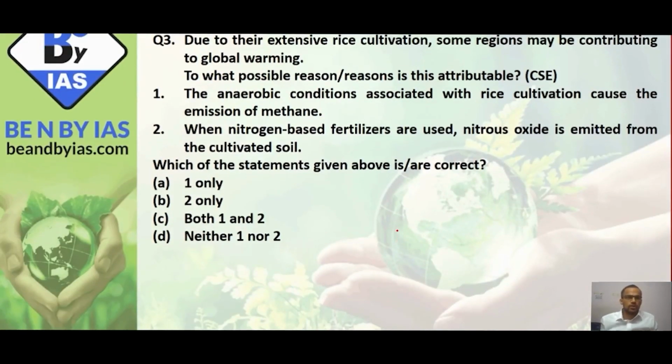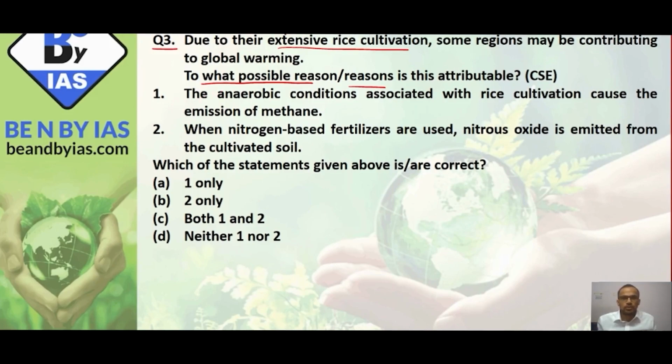Next question. So let us read this question. Due to their extensive rice cultivation, some regions may be contributing to global warming. To what possible reasons is this attributable? So what are the reasons that these rice cultivating regions are contributing to global warming?